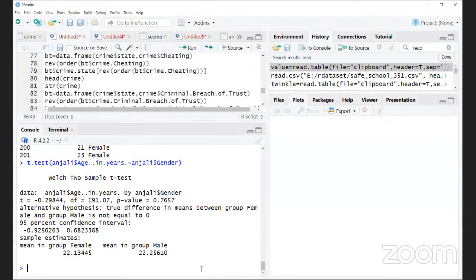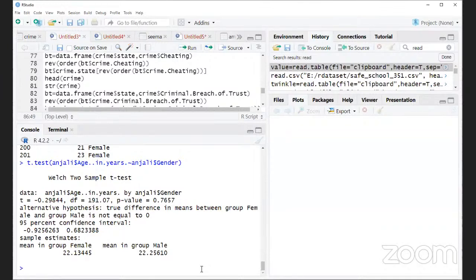That means they are in the same group. Yes, I think that is true, because the female mean is 22.13 and the male is 22.25. Okay, they are very close to each other. Therefore, this is the thing.